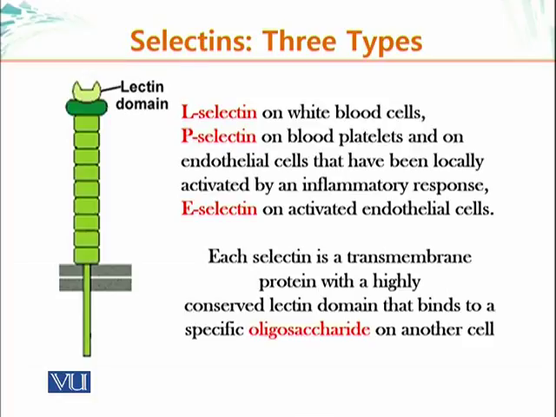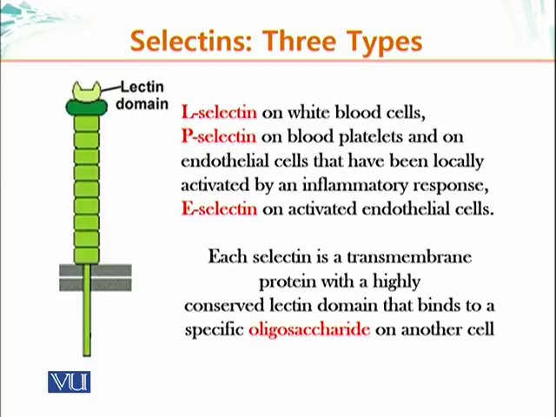If there's a damage to the tissue or an infection, the endothelial cells will start expressing E-selectin, which will bind specific carbohydrate moieties attached to different structures on the surface of the white blood cells, and they will help them slow down.